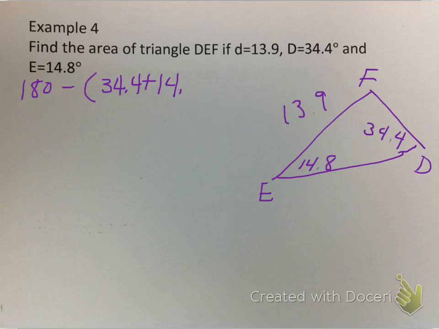My stylus isn't working very good. And I'm going to add those up and take it away from 180. When I do that, I get 130.8. So that is our missing angle here, F. 130.8. Okay, so now I'm ready to use this new formula.